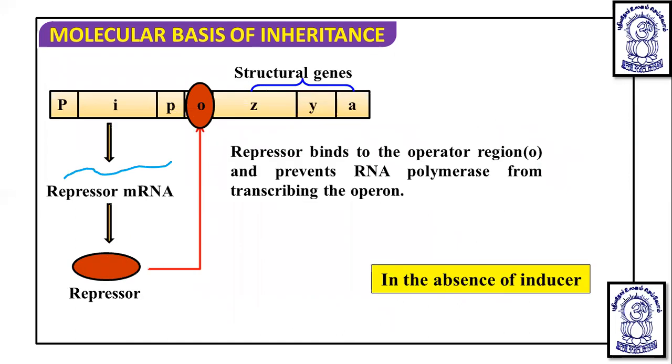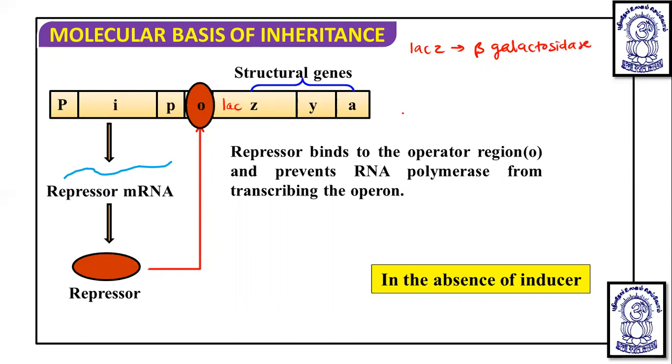Now dear students, remember this is the promoter, this is the I gene, this is the promoter, this is the operator, and Z, Y, A are the structural genes. Here it occurs in the absence of inducers. Remember this is the lacZ gene. The lacZ gene codes for the enzyme beta-galactosidase, which breaks down beta-galactoside or lactose.